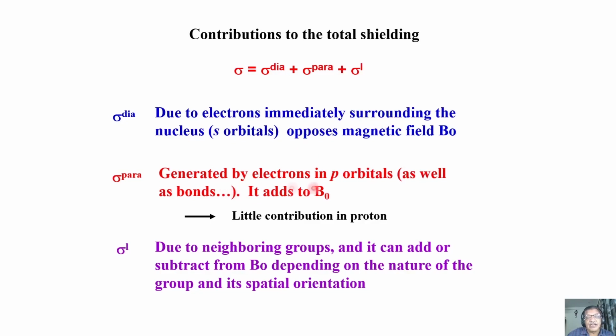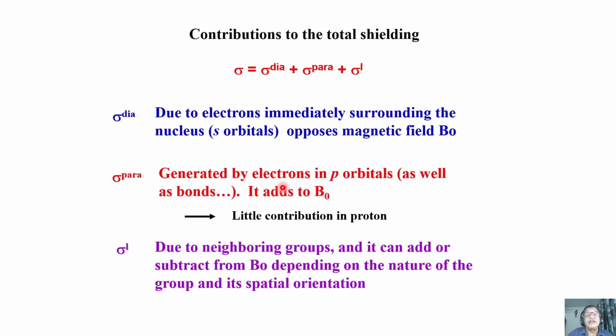Paramagnetic contribution generally comes from p orbitals and other types of bonds. It adds to B naught. Remember, diamagnetic contribution opposes the field, and this adds to the field. As far as the proton is concerned, this has little contribution, whereas for X nuclei, this has a large contribution. What do I mean by X nuclei?